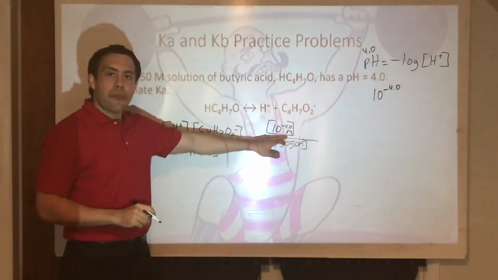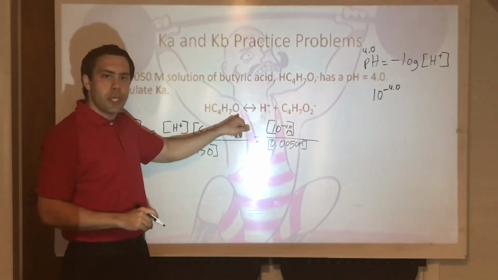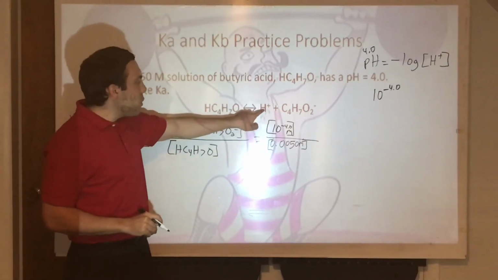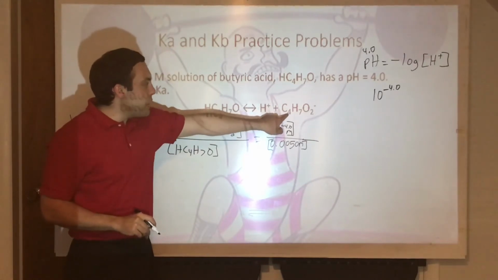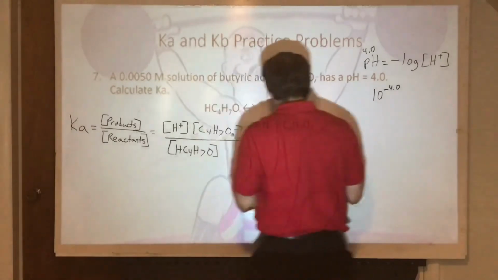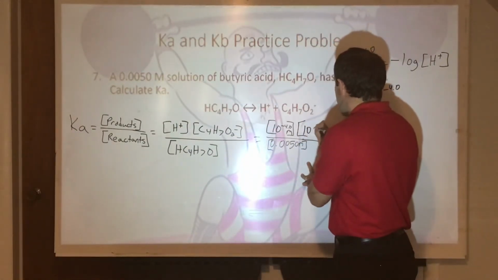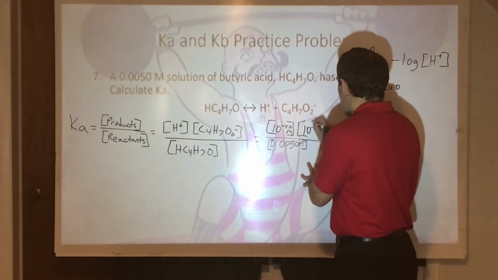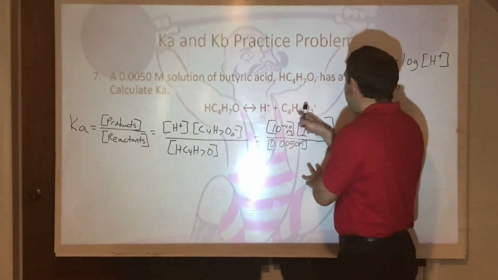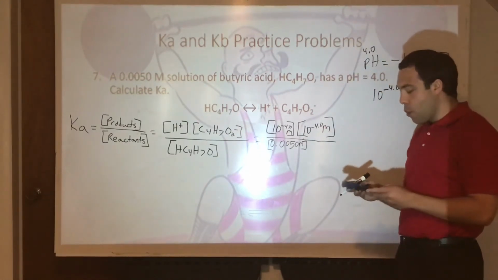And remember from the last problem, when butyric acid dissociates, it dissociates into equal amounts of H plus and C4H7O2 minus. So if we have 10 to the negative 4th molar of H plus, we must also have 10 to the negative 4.0 molar of C4H7O2 minus.